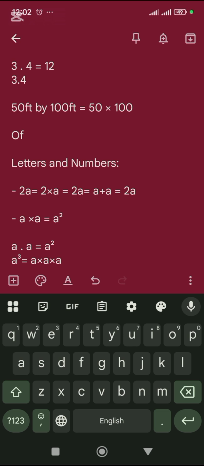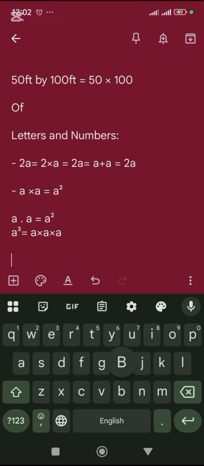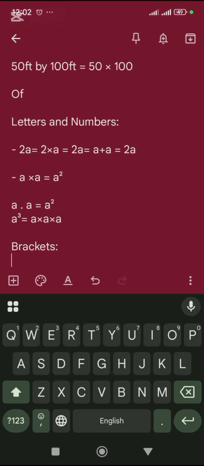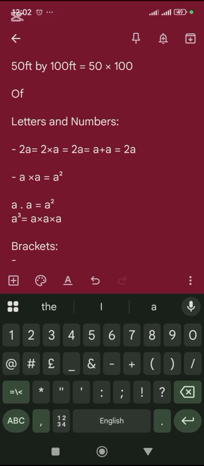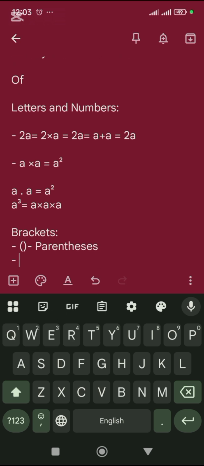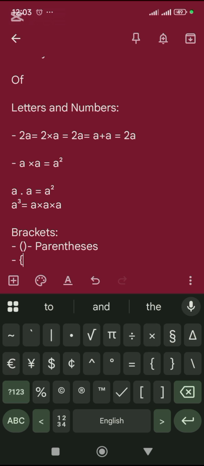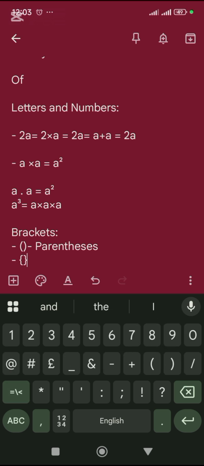Now, let's also talk about brackets. In maths, we have three types of brackets. Number one is this kind of bracket, and it is called parenthesis. Number two is this type of bracket, and it is called curly bracket.